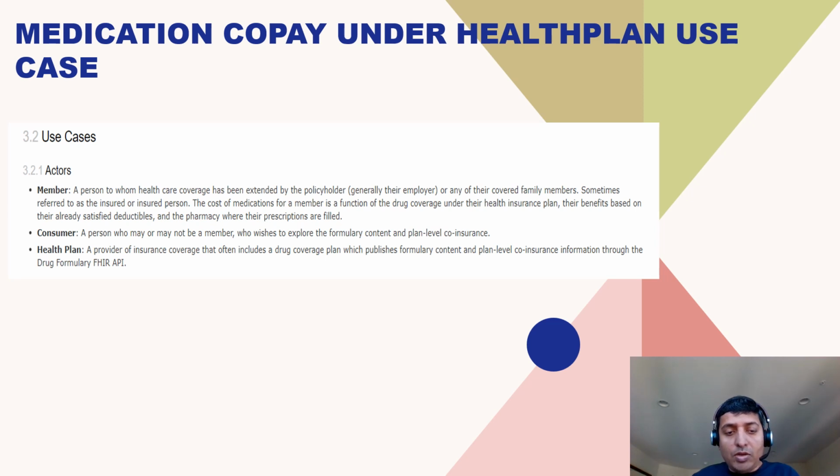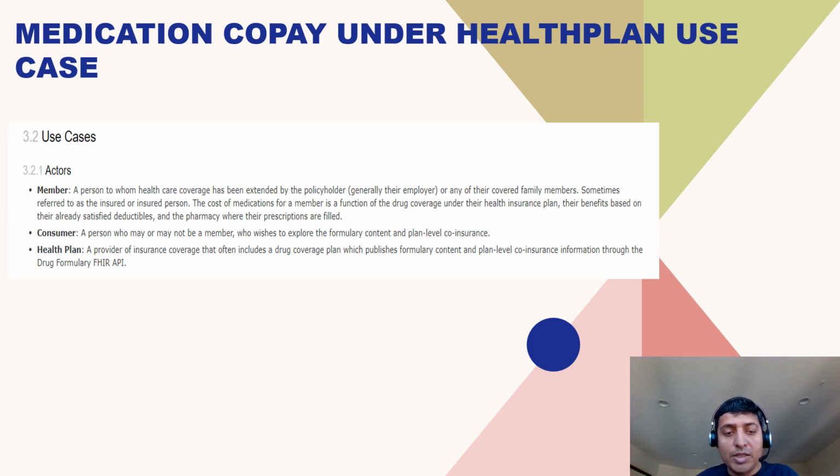Under the formulary use case, there are multiple actors. Member is a person to whom healthcare coverage has been extended by the policyholder, generally their employer or any of the covered family members. Sometimes referred to as the insured or insured person. The cost of medications for a member is a function of the drug coverage under the health insurance plan, their benefits based on their already satisfied deductible, and the pharmacy where their prescriptions are filled.